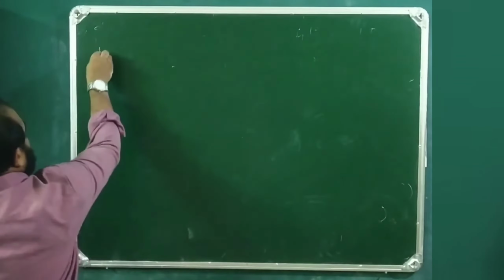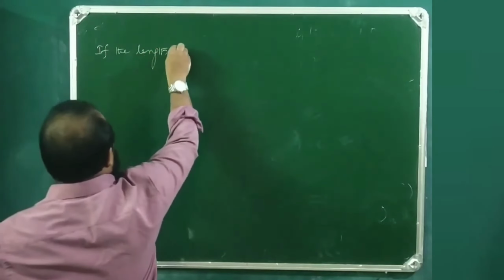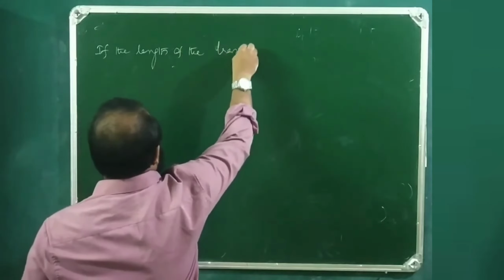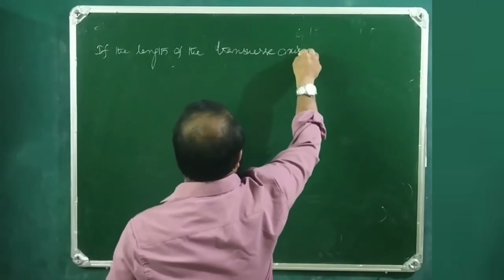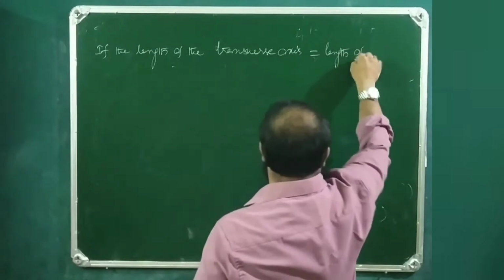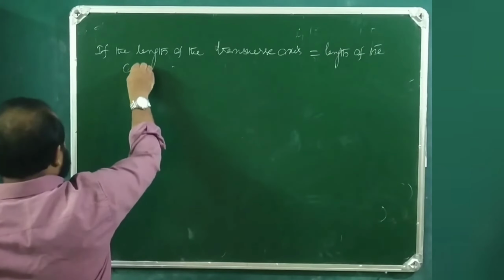So if the length of the transverse axis is equal to the length of the conjugate axis.